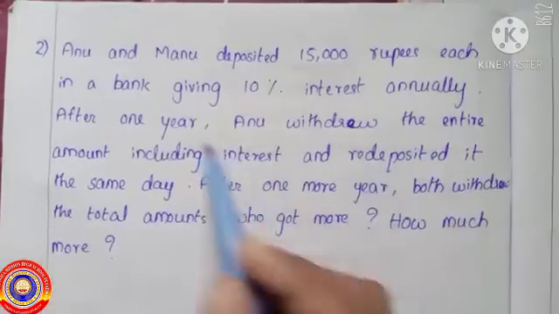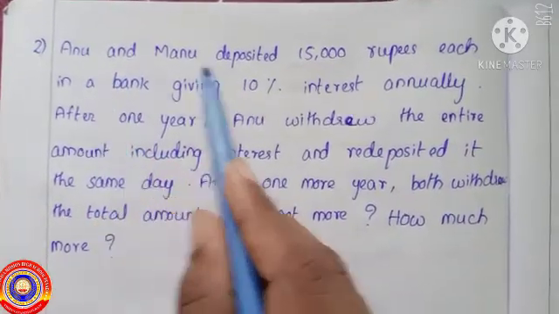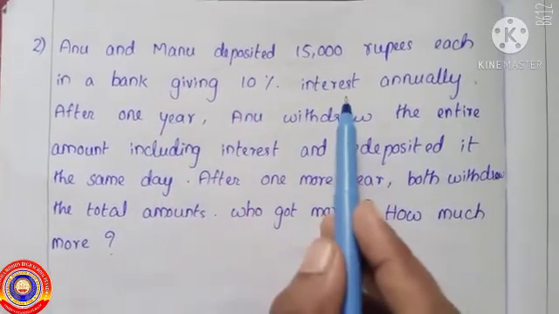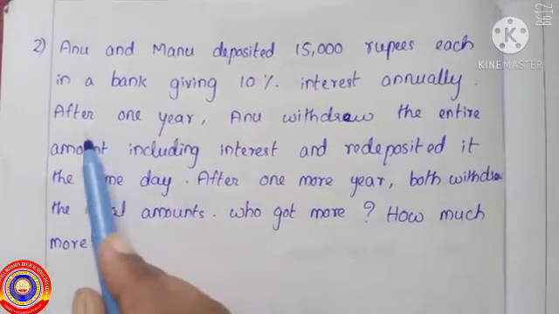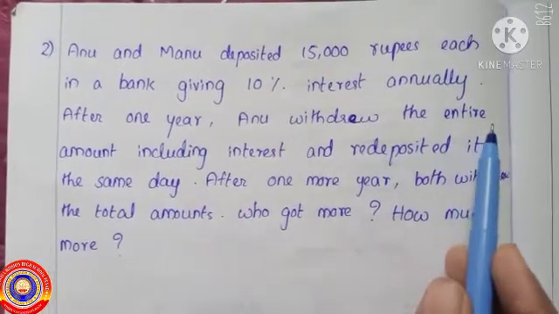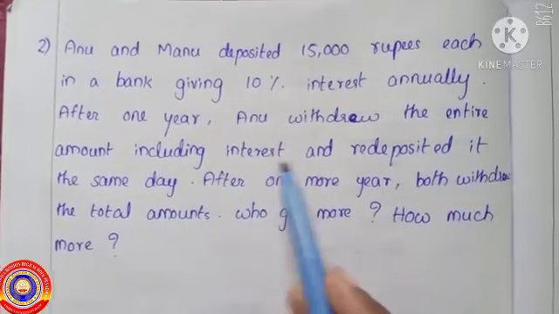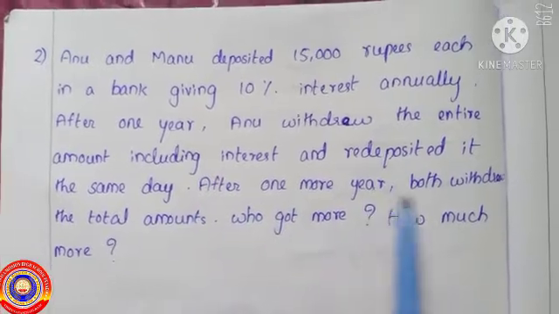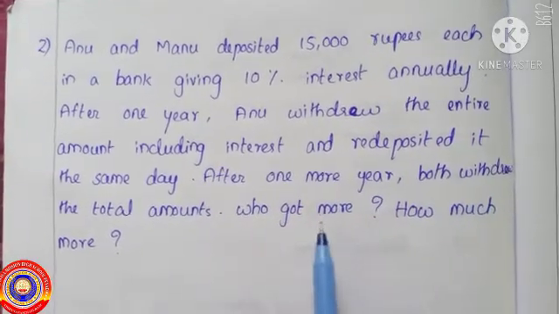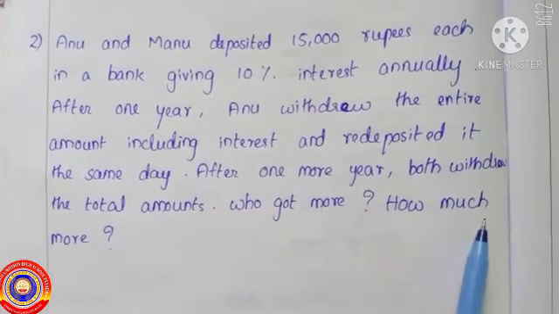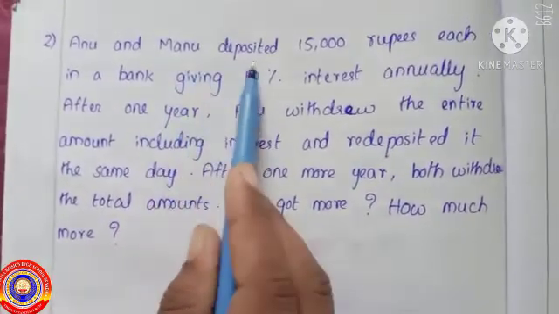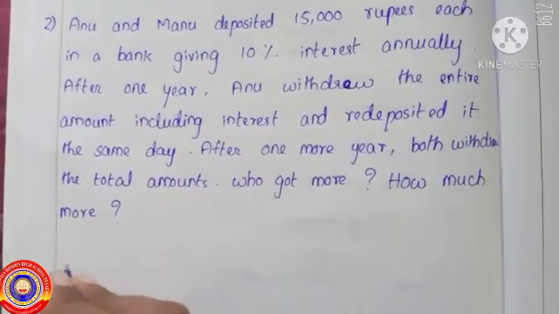Let us do one more question. Anu and Manu deposited 15,000 rupees each in a bank giving 10% interest annually. After 1 year, Anu withdrew the entire amount including interest and redeposited it the same day. After 1 more year, both withdrew the total amounts. Who got more and how much more? First, let us find the amount which Manu had got.